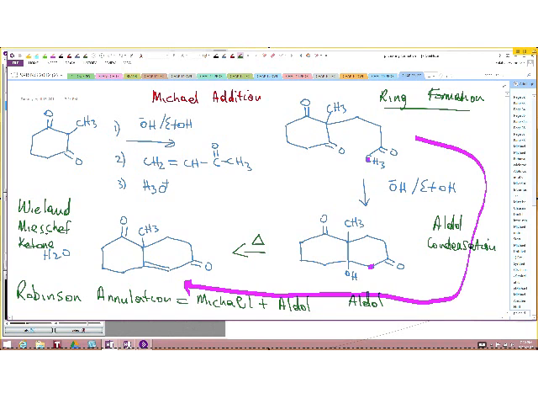It's a very important ketone. We use this ketone here to make all those steroids that are very important pharmaceutical drugs and also natural molecules.